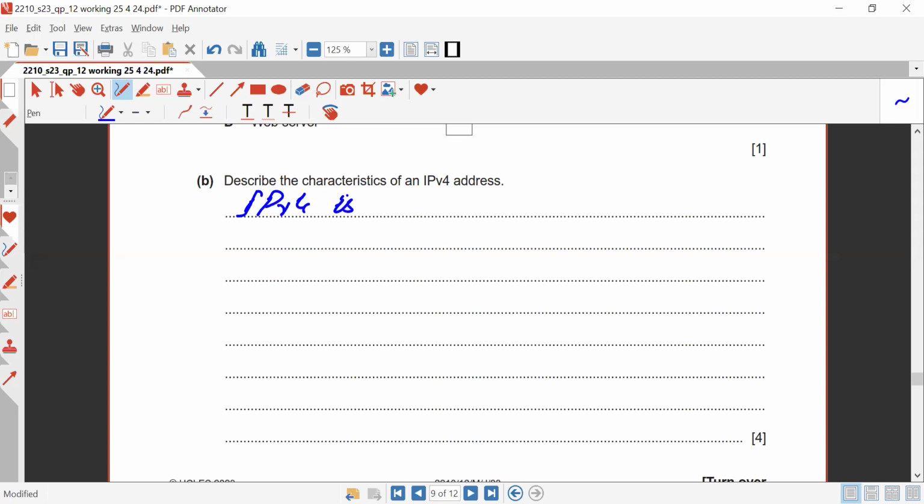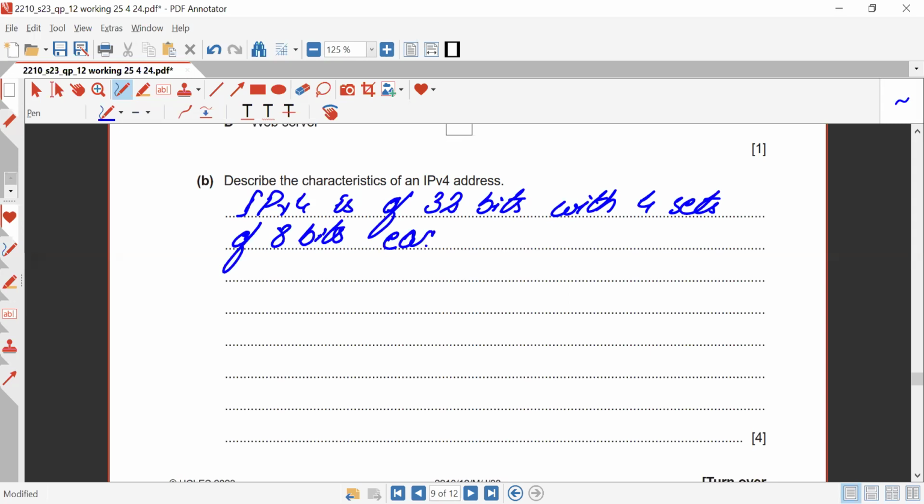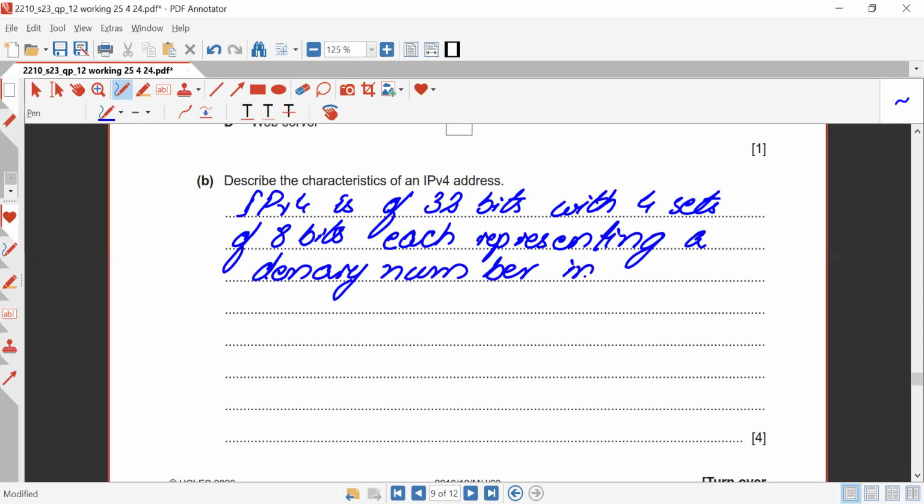IPv4 is of 32 bits with four sets of 8 bits each, representing a binary number in range between 0 to 255.